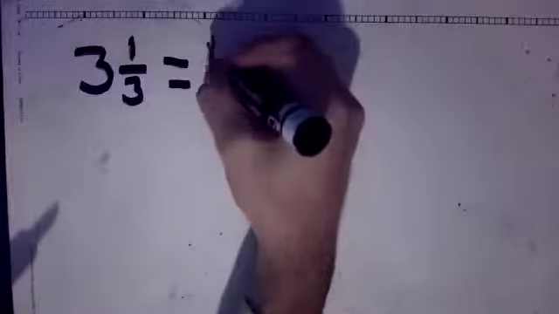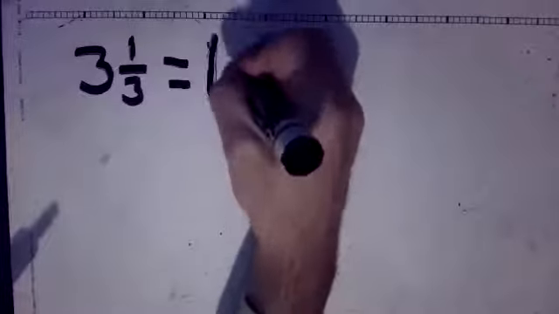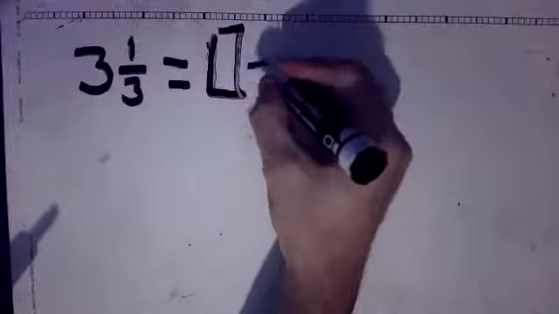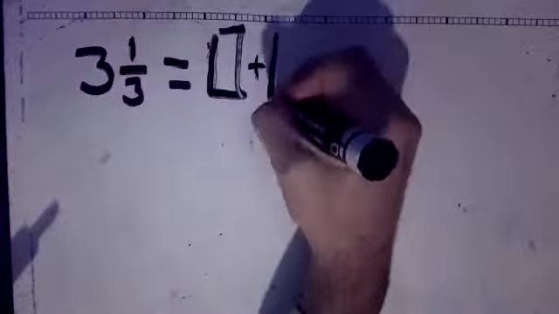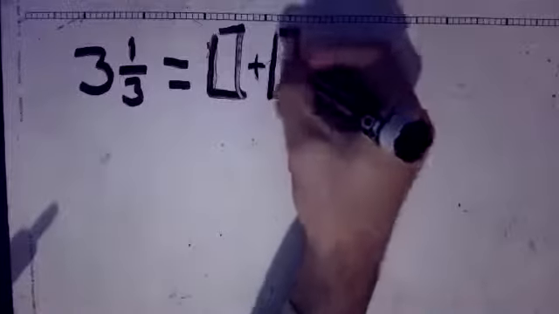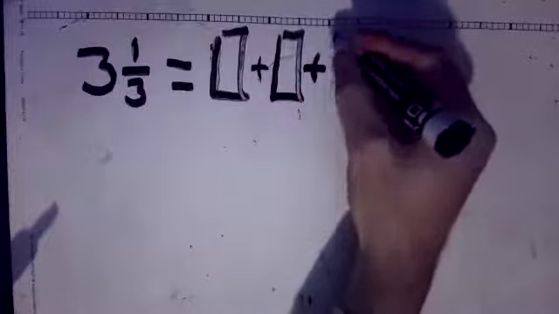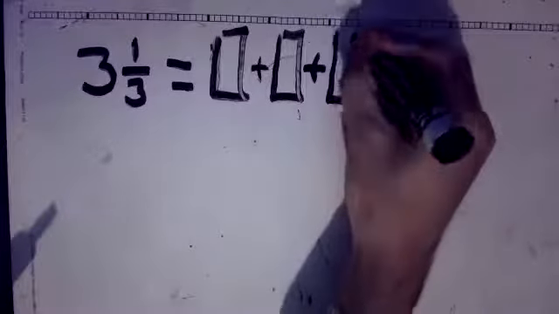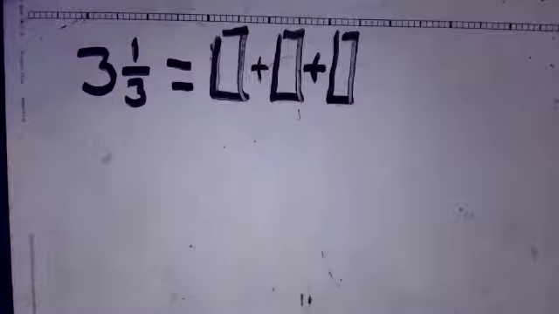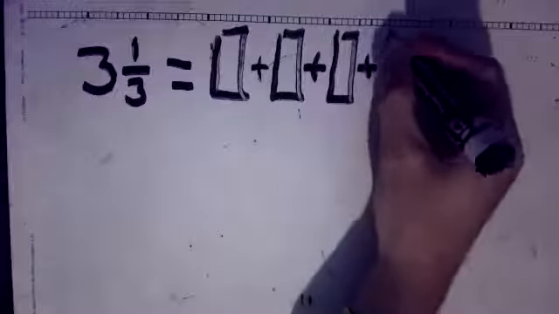And there's another strategy where, instead of drawing our fraction bars, we are going to just simply write in that 3 is the same as 1 plus 1 plus 1. I think we can all agree 3 is 1 plus 1 plus 1. Plus, what's left over? 1/3.